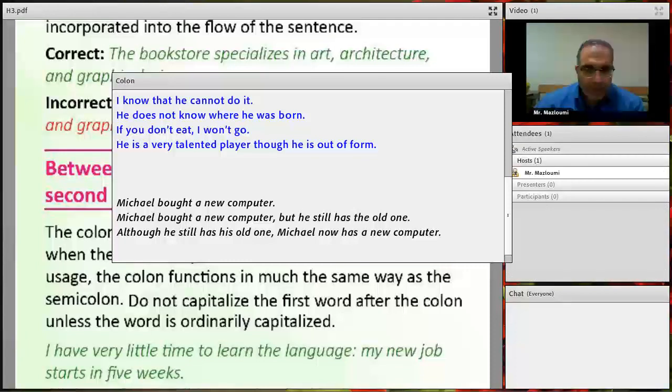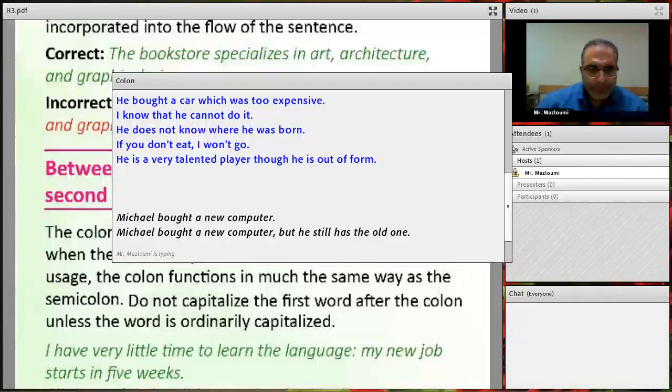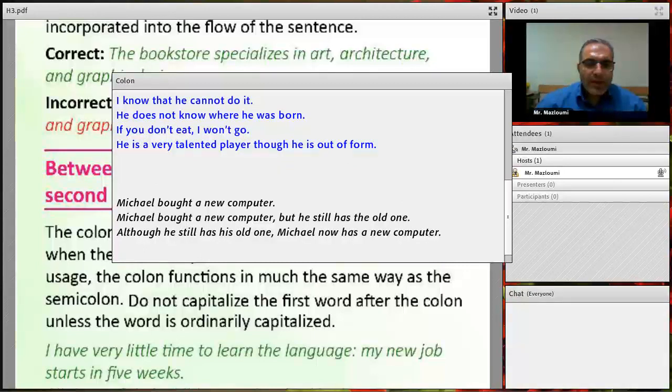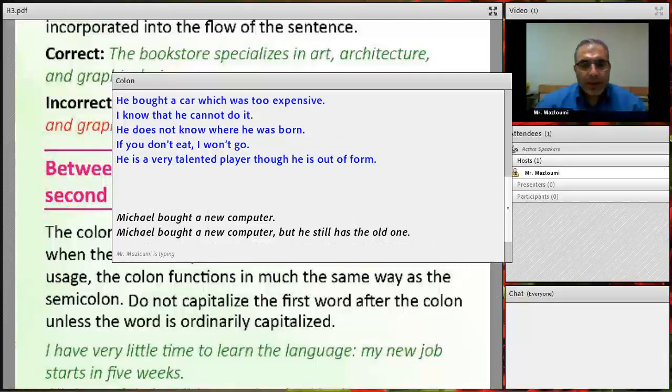Alright, another example. Check this out. I'll get you some stamps if I go to town. Again, guys, we have two clauses here: I'll get you some stamps, and if I go to town.